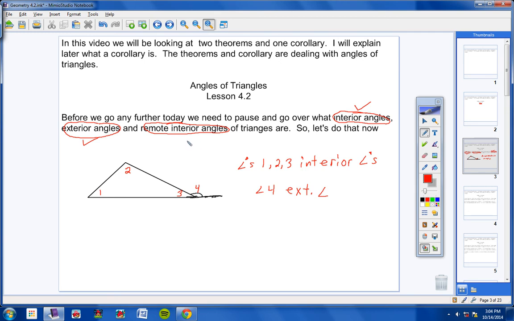You can never have remote interior angles unless you have an exterior angle. So if this exterior angle is not here, then you have no remote interior angles. However, if you have an exterior angle like this, then these two angles here would be the remote interior angles.